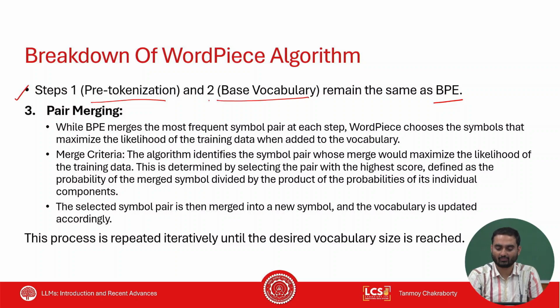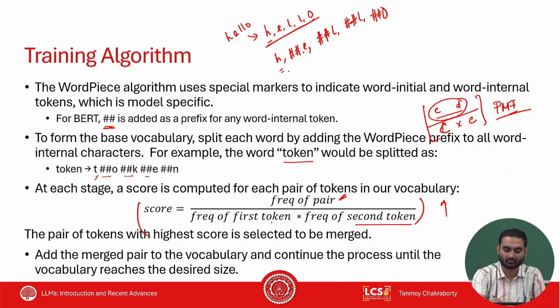The base vocabulary, in our case, again constitutes all these characters. But remember here, characters are differentiated based on position. If a character appears at the beginning, it will be added to the vocabulary without hash. If the character appears in the middle or the end, it will be added to the vocabulary with a prefix of double hash.